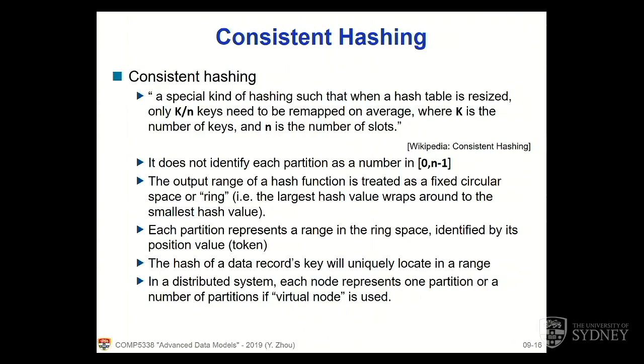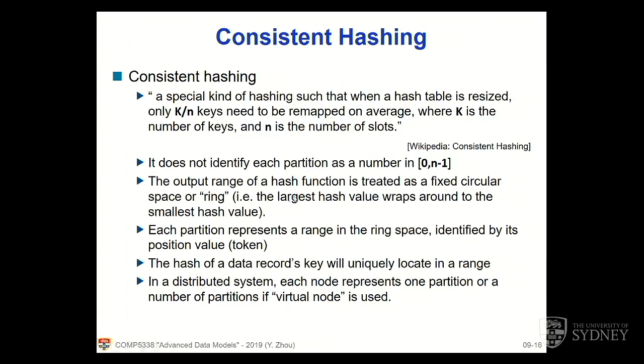We have something stable: we know we're going to use this hash function, and different hash functions give different output ranges. So we have a pre-selected, stable hash function. We're not going to change it, because in the simple scheme you keep changing the modular function, which is not very good.